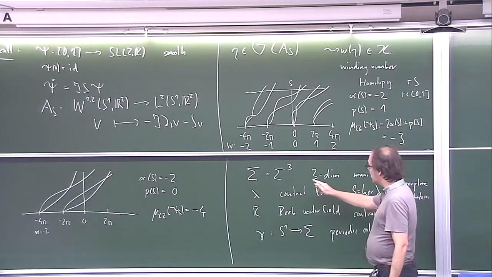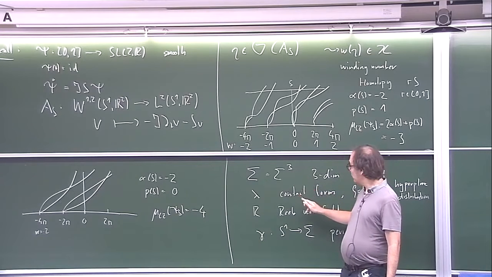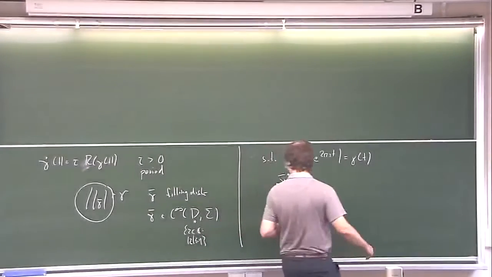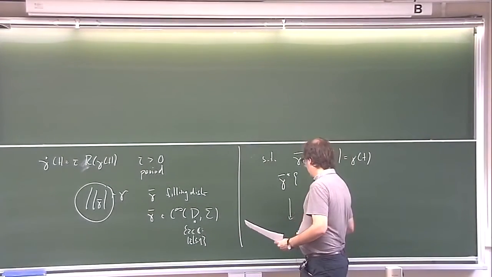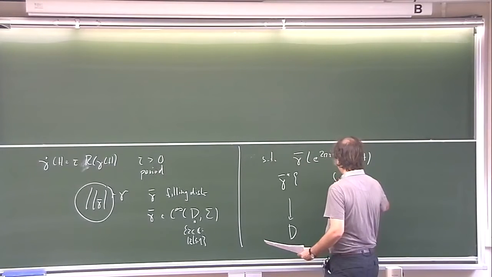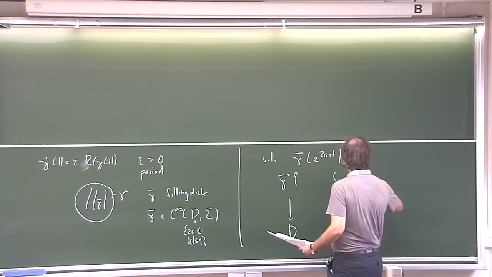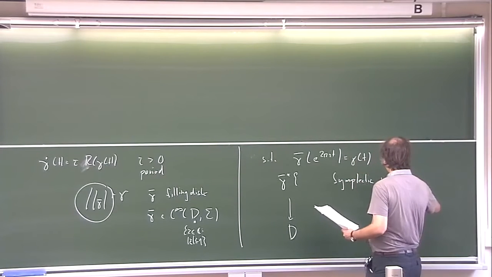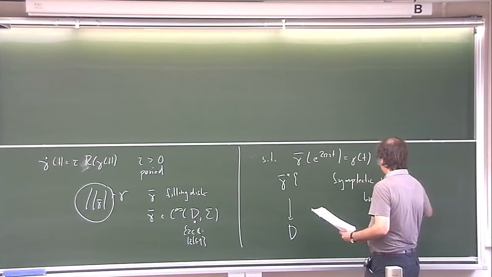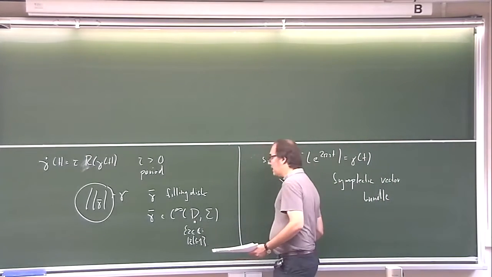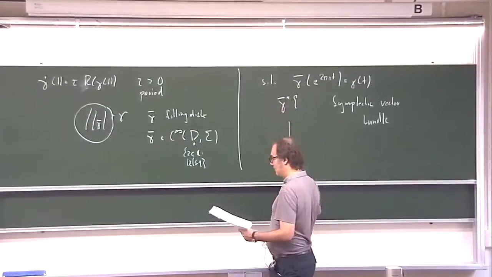So in this case, if you have three-dimensional, this is a two-dimensional symplectic vector bundle over sigma. So we look at the pullback over D. So this is a symplectic vector bundle, where the disk is just contractible, so we can trivialize.